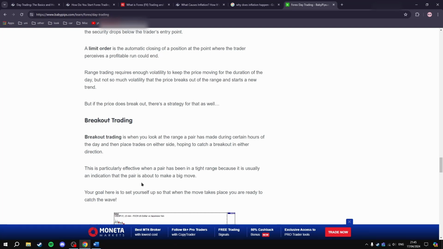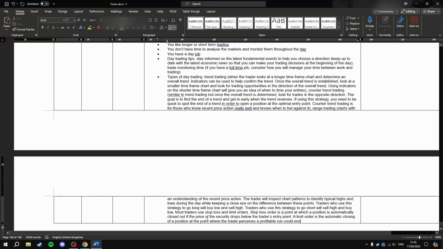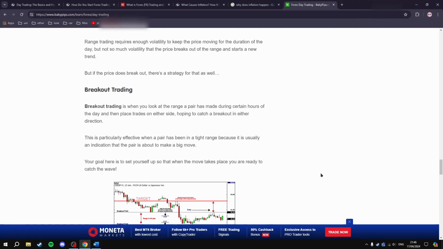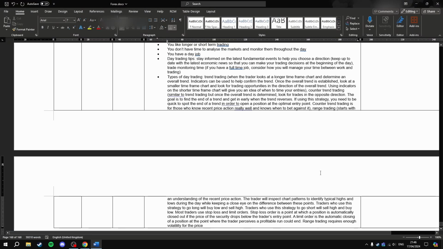Range trading requires enough volatility to keep the price moving for the duration of the day, but not so much volatility that the price breaks out of range and starts a new trend. Range trading requires enough volatility for the price to bounce between the two levels and keep moving during the day.